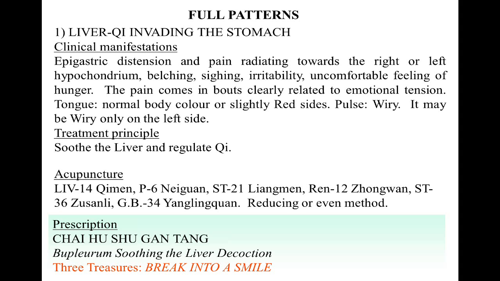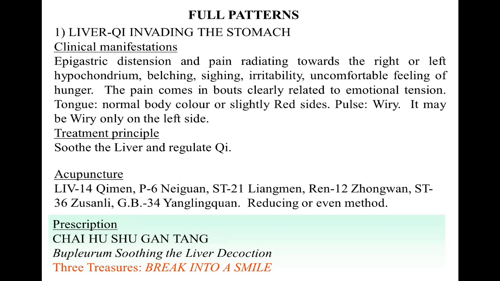Those are the main points I would use. Liver 14, by the way, is the point that regulates liver and stomach, or harmonizes liver and stomach together. So it is the local point for liver qi invading the stomach.